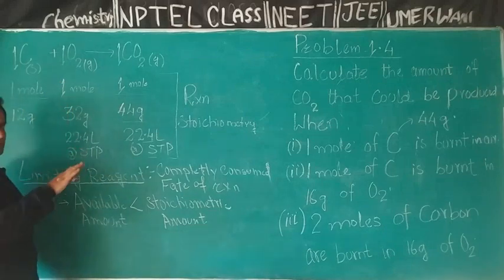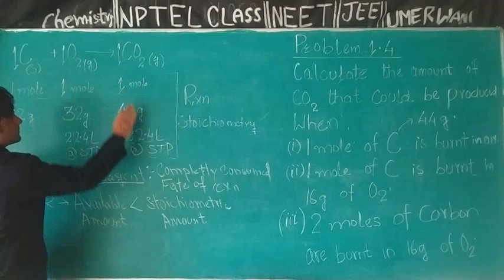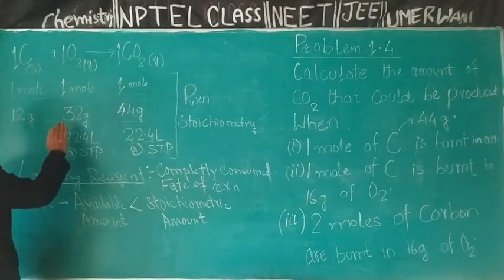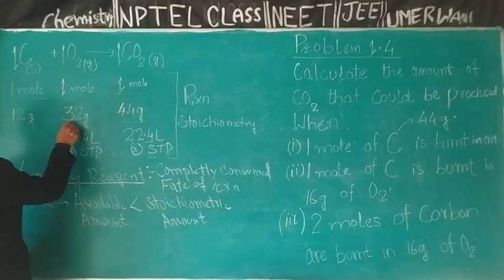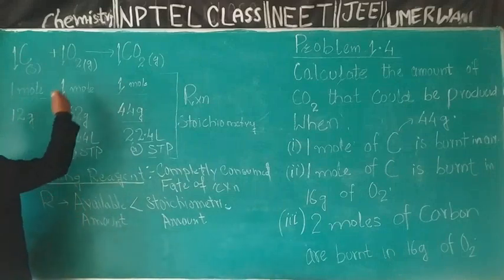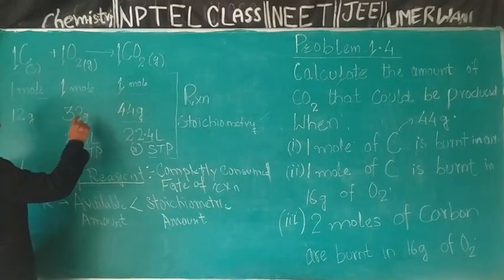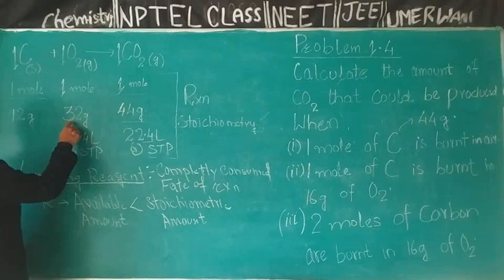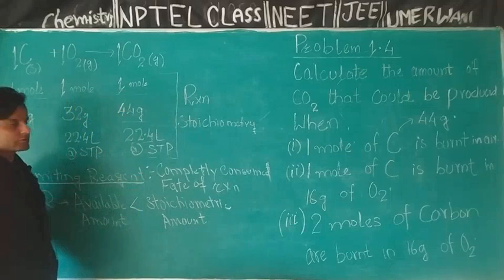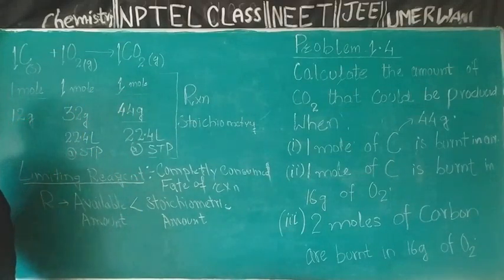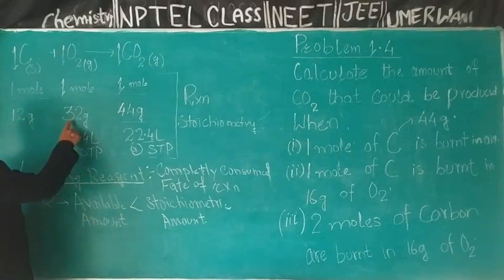I use reaction stoichiometry as a basis because this information is fixed for this particular reaction. 32 gram of oxygen produces 44 grams of carbon dioxide, but available amount is 16.